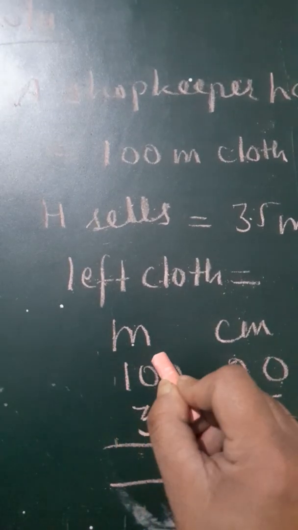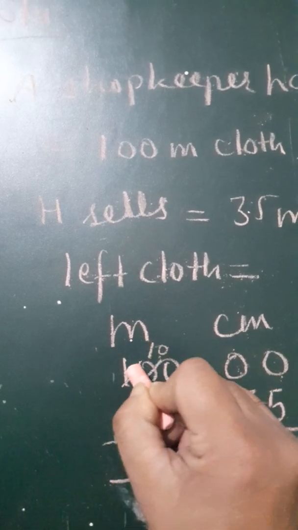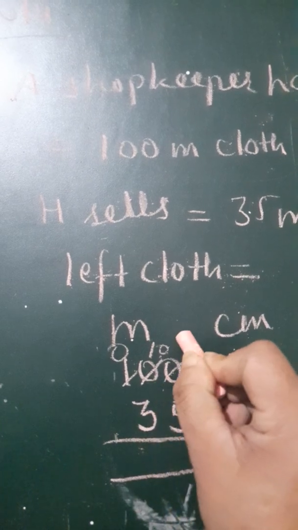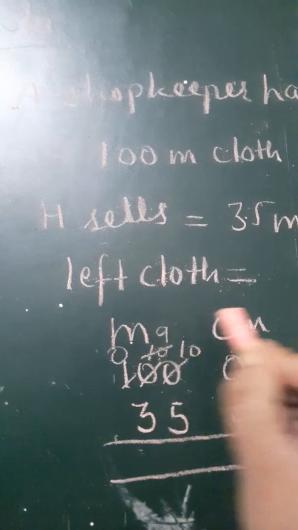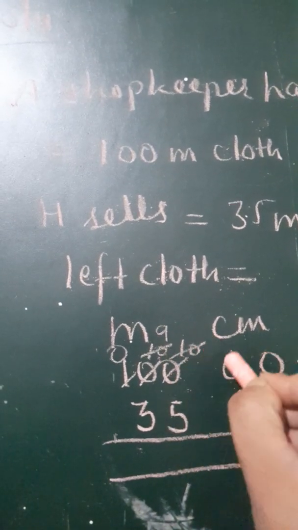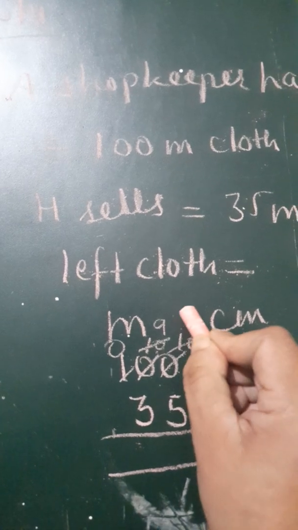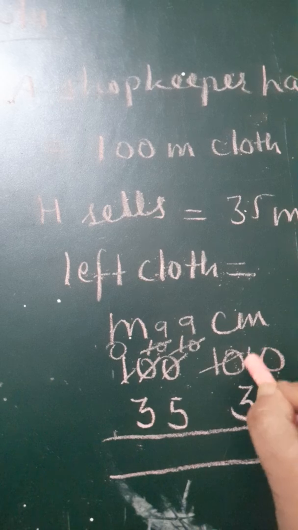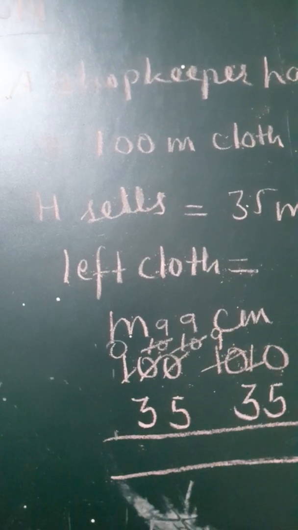It will give 1 to this one, it will become 10, and here it will become 0. Now this 10 will give to this 0, it will become 10, and here it is 9. Again this 10 gives to the next one, it will become 10, and this is 9. This 10 will give to this one, it will become 10, and this will become 9.